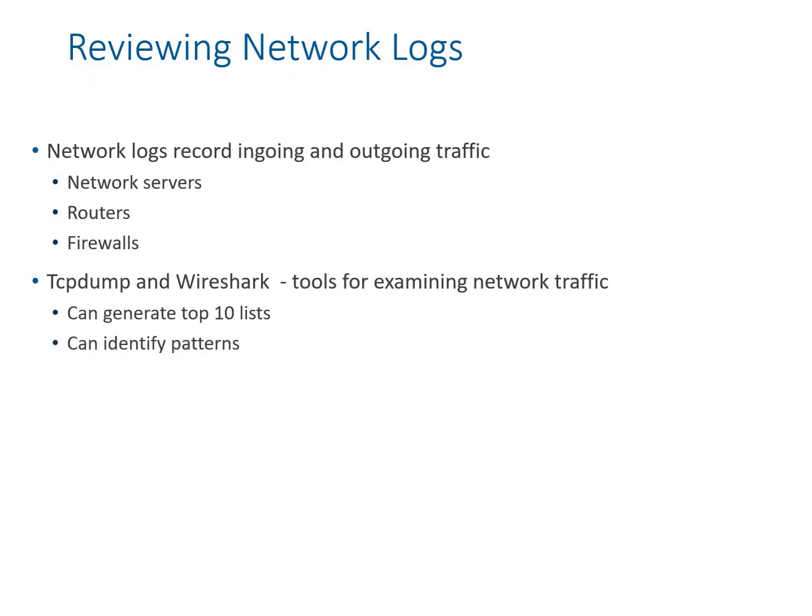Now, reviewing network logs is very important whenever we are trying to get the details about any penetration, whatever took place on the network. Network logs are available on the network servers, routers, and firewalls. There are different tools available in order to generate a dump of the traffic that was there.